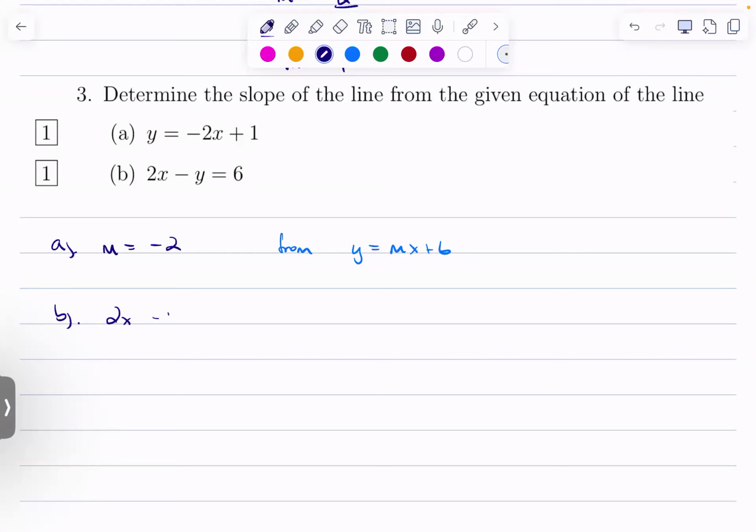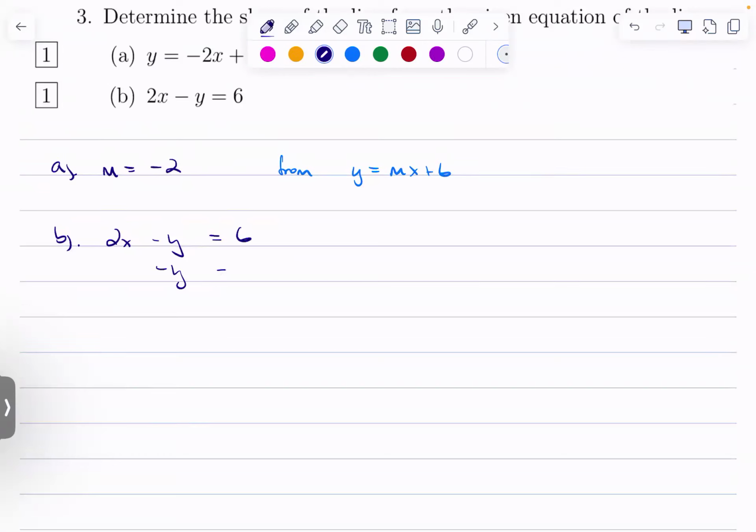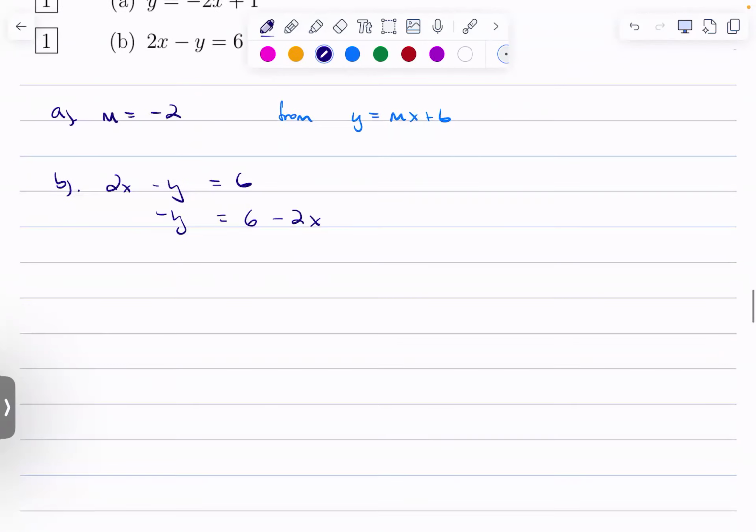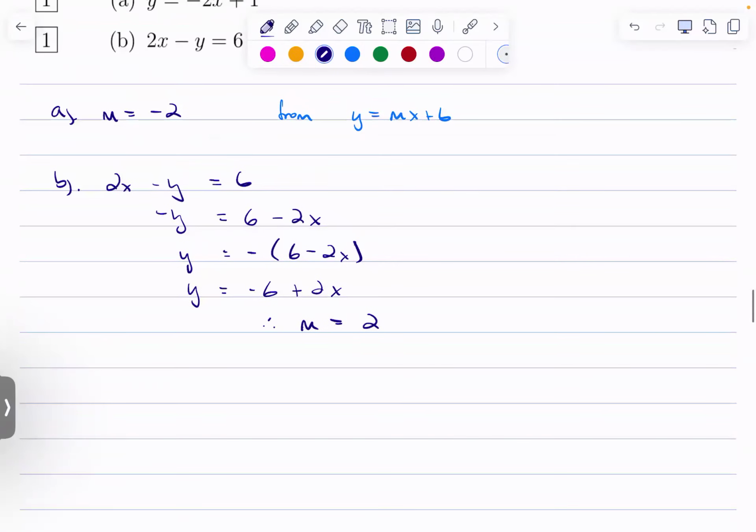So 2x minus y is equal to 6. And so -y is 6 minus 2x. So y is -6 plus 2x. Therefore, the slope is 2. Whatever is attached to the x is the slope.